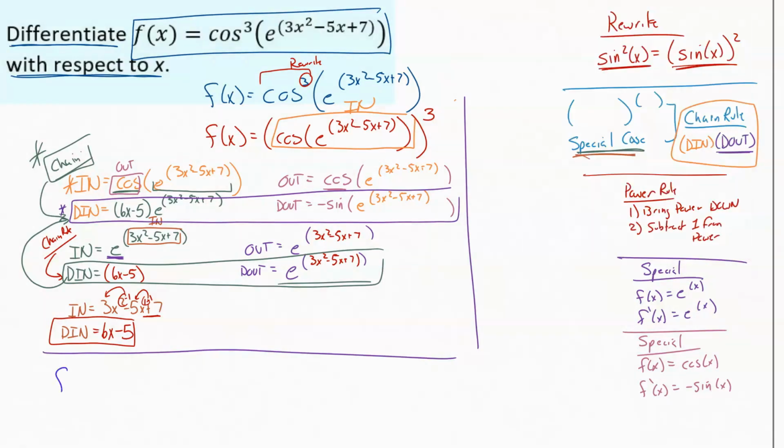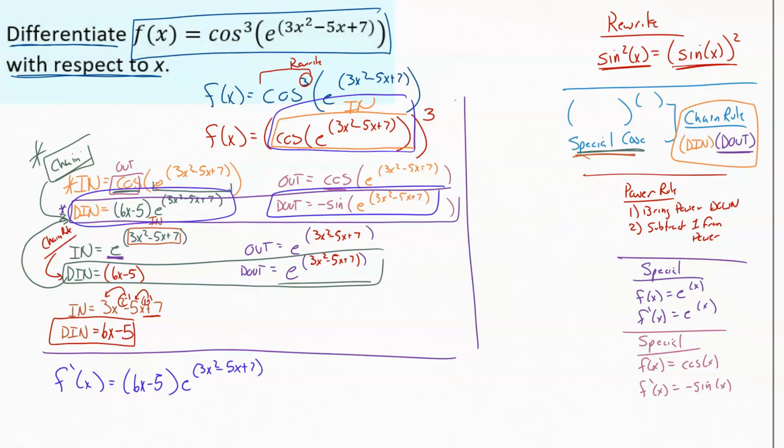This is our actual f prime of x. So the derivative of this inside piece is d in, 6x minus 5 e to the 3x squared minus 5x plus 7. D out, remember to put a parenthesis whenever you got that negative sign, or else they will happily read it as a subtraction. So this is our d out.